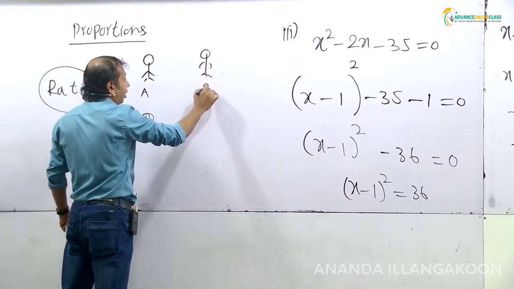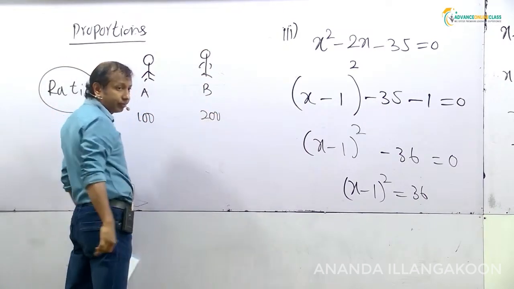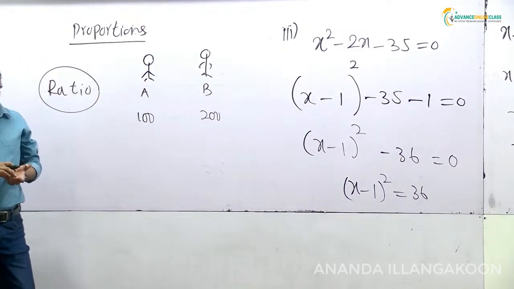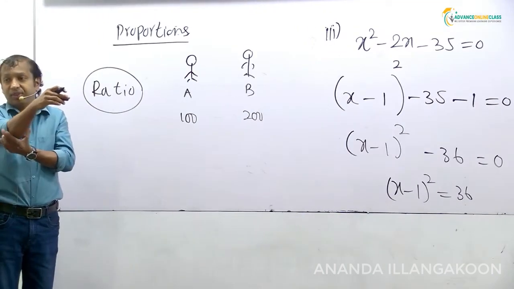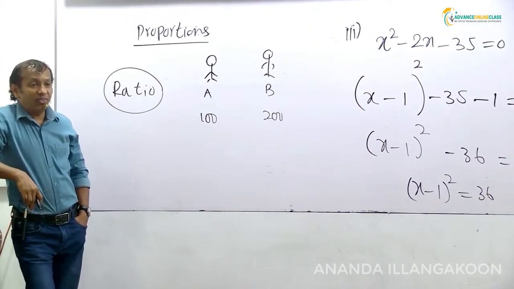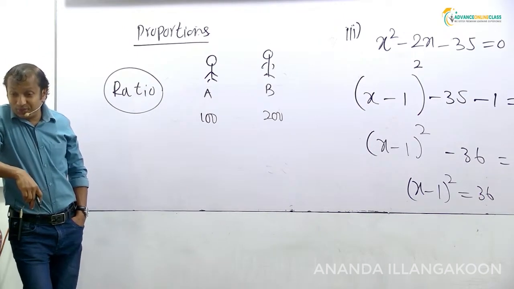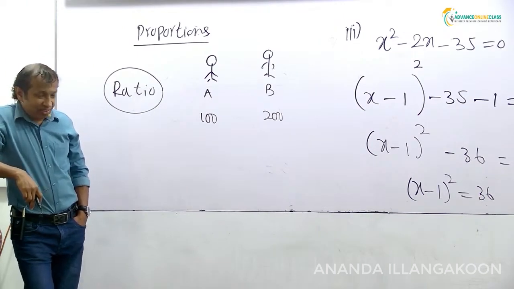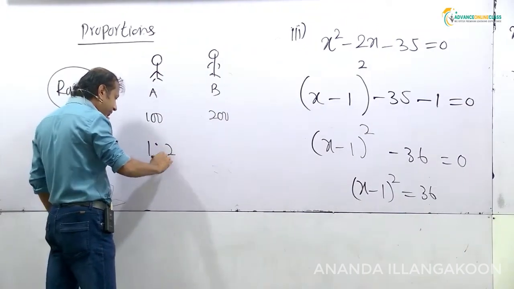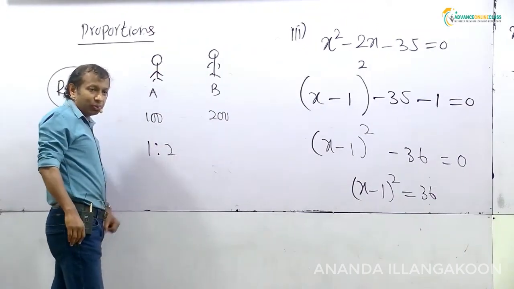Child B has 200 rupees. Now, when we need to express the ratio of the money they have, tell me what is the ratio they have? 1:2. How do you get this 1:2?